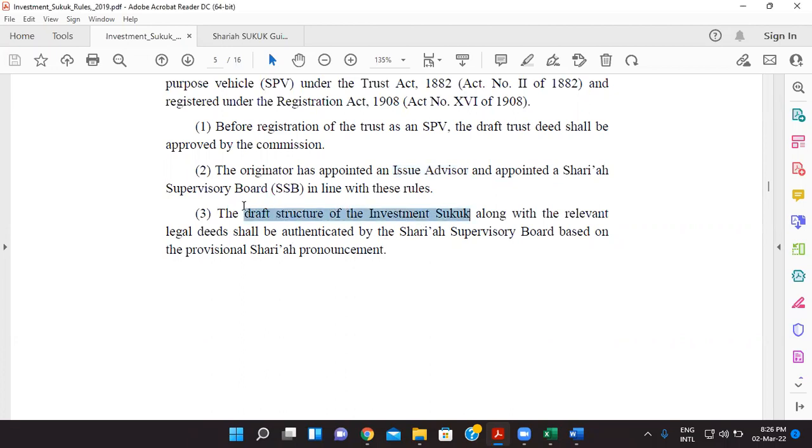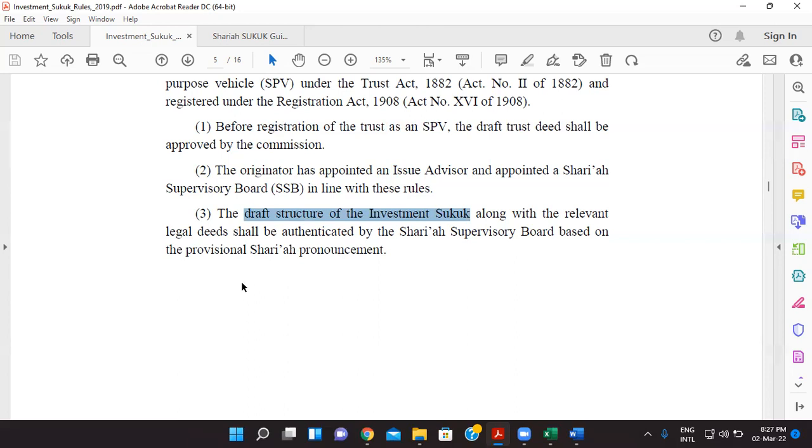How many documents are we talking about? Try to understand. For the investment sukuk, you have created a draft structure of how the securities will be issued, what amount is expected to be raised, and for what purposes it will be used. These things will be mentioned in the draft structure.